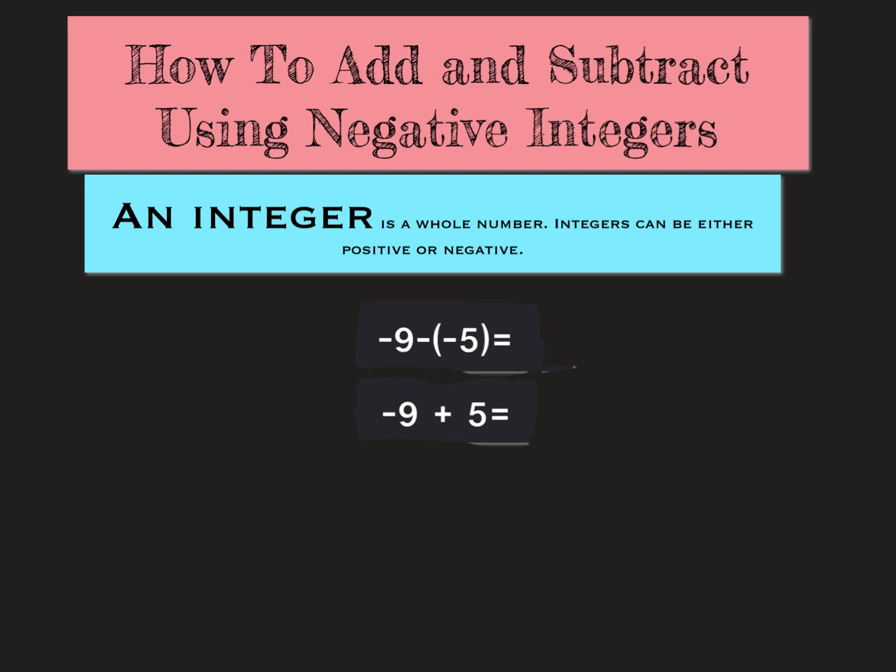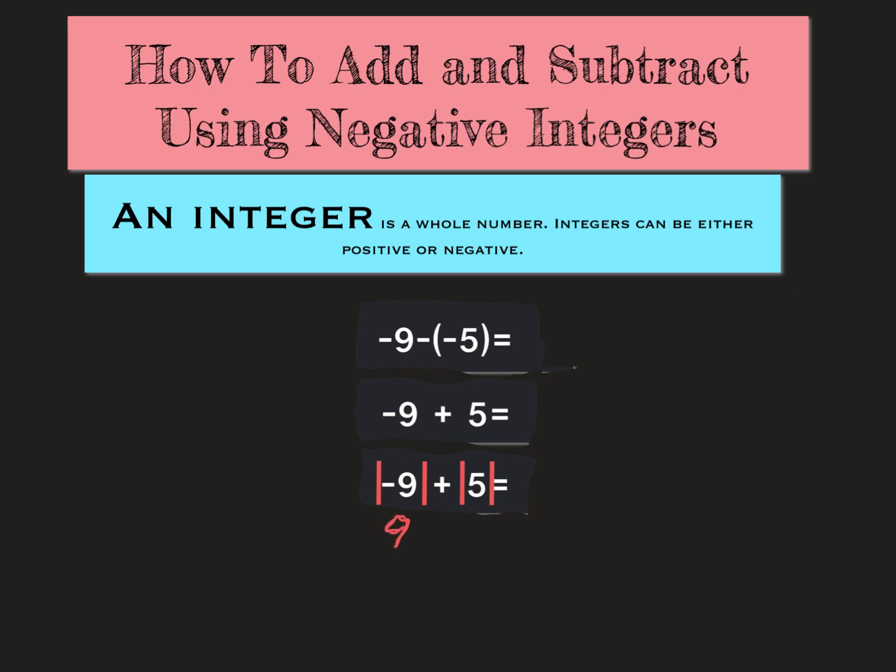Now that we have negative 9 plus 5, we go back to our first rule, which was when we have a negative number and a positive number, we want to find the absolute value of both of those numbers and then subtract the smaller absolute value from the greater absolute value. And so the absolute value of negative 9 is 9.